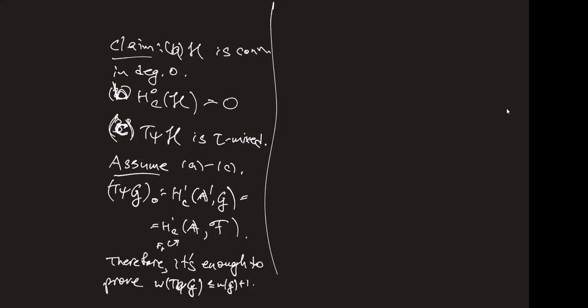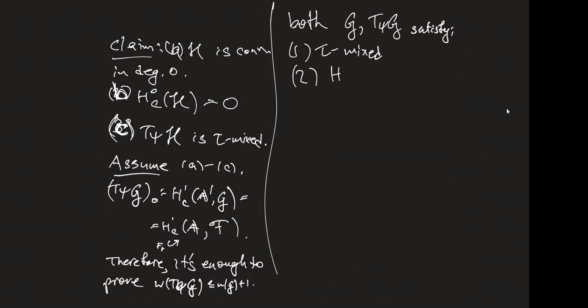Now this is just going to be some magic tricks. Both G and the Fourier transform of G satisfy: one, being tau-mixed, and two, having no compactly supported sections. For G, we know it's tau-mixed because this is by assumption.